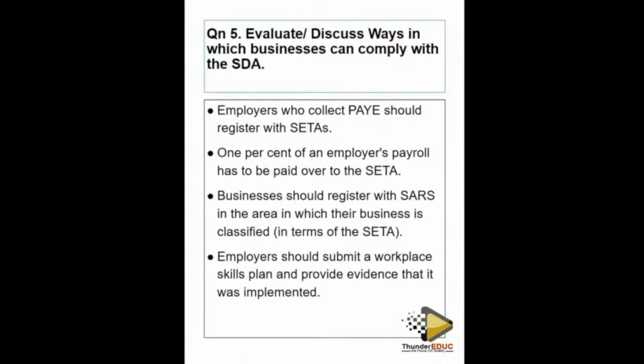Okay, so now moving on, employers should submit a workplace skills plan and provide evidence that it was implemented. But actually we are saying that in order for a business to qualify to take part in this Skill Development Act, they should come up with a schedule of the skills that are lacking in their businesses, and how these skills are going to help their businesses to be successful.